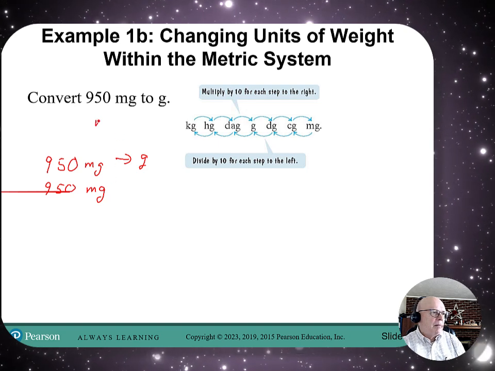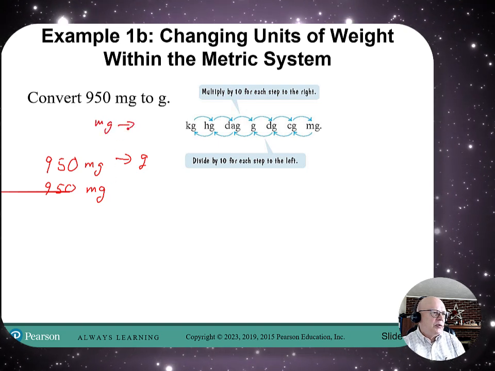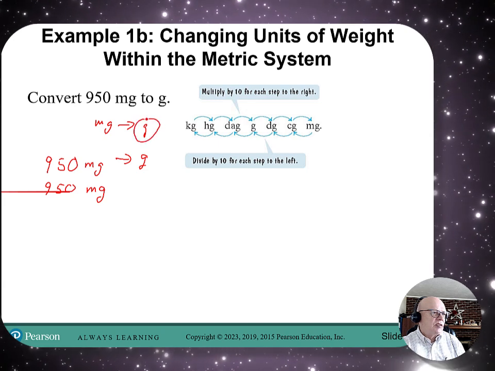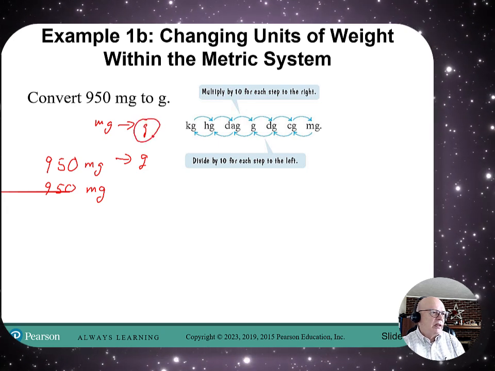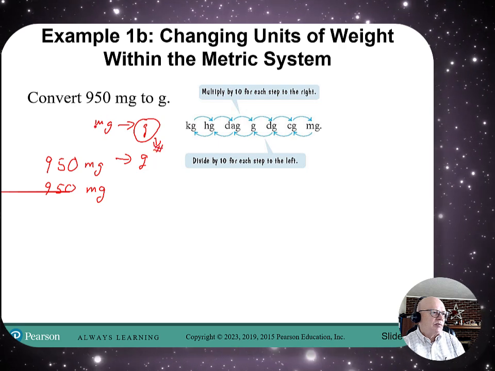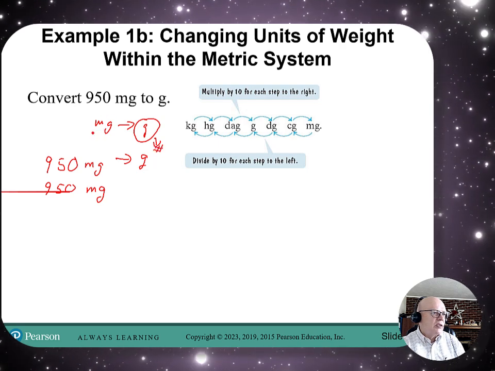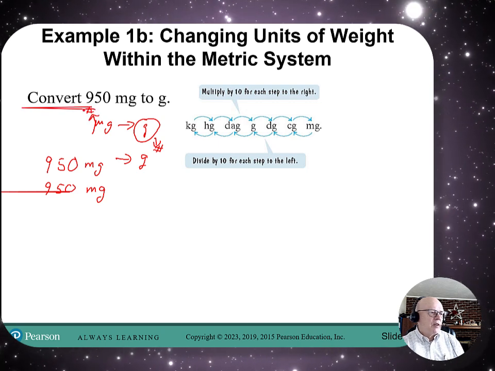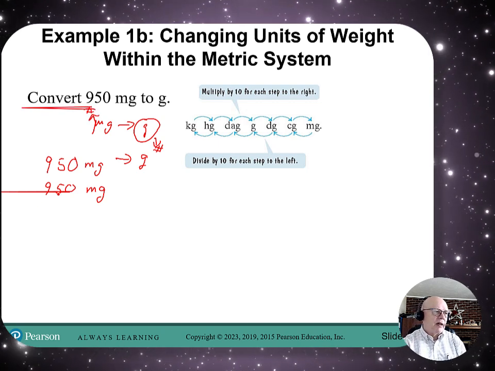Going from milligrams to grams. The larger one is right there. So the larger one is going to have a smaller number, and the smaller one is going to have a larger number. If you keep that in mind, that'll help you a lot.